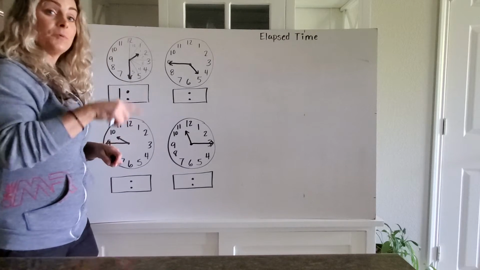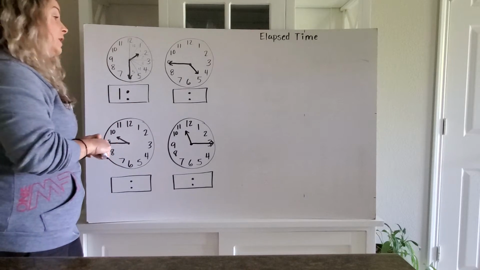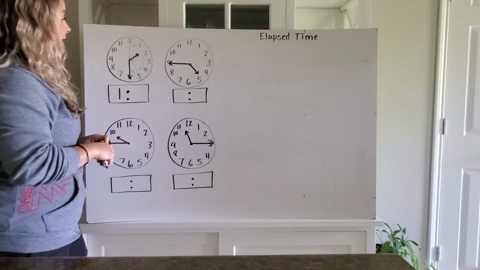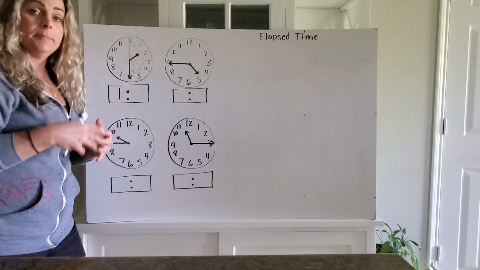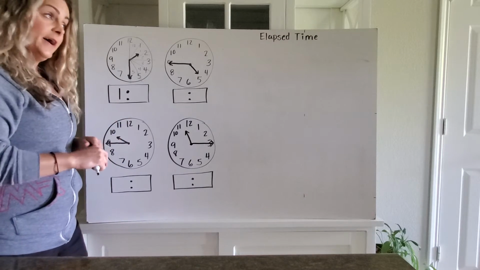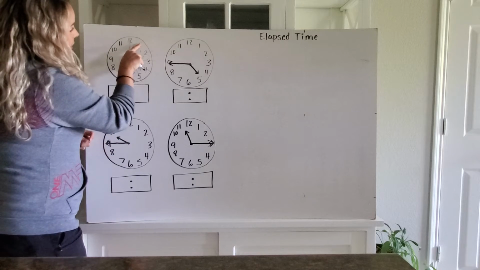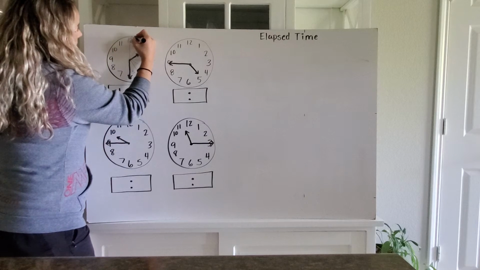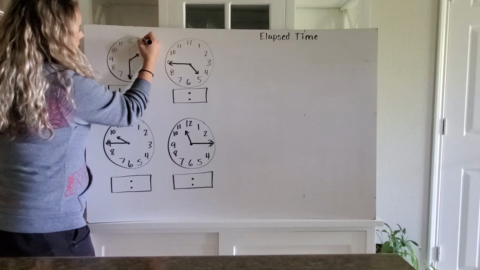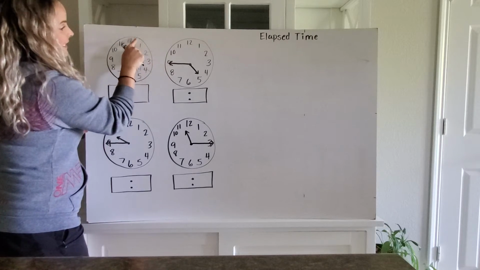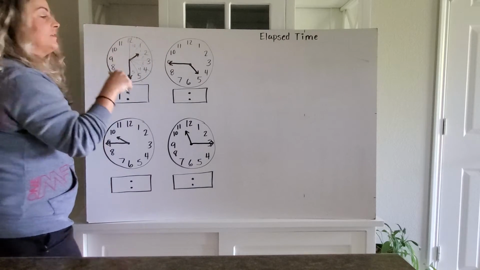And then remember earlier in the videos from this week, I told you that you have to skip count by fives because each parking spot has 1, 2, 3, 4, 5 minutes in each spot.